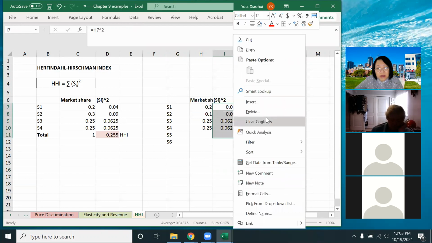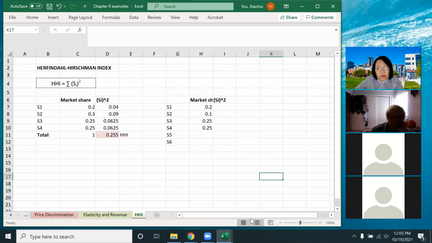Let me clear this content, maybe 0.1. And then we know maybe S6 would be 0.15. Do you know the Herfindahl-Hirschman index for this one?